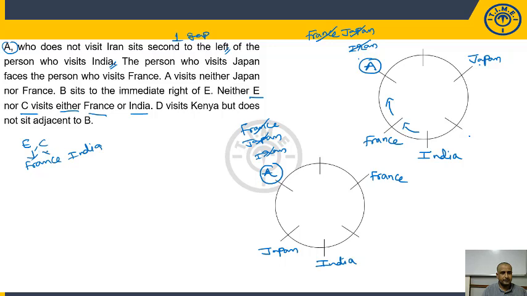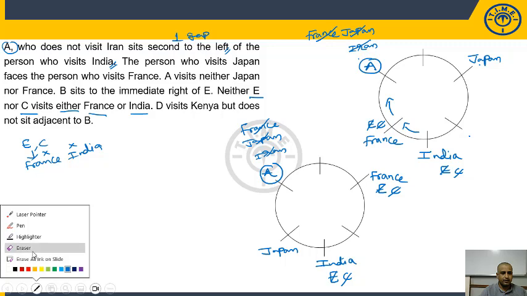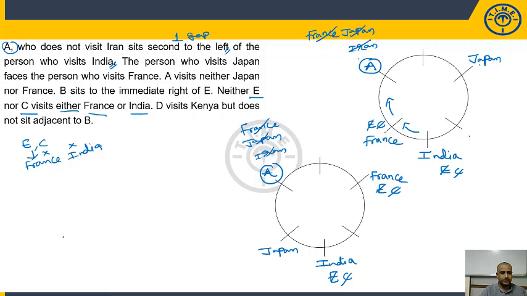So E and C cannot be written in the France position or in the India position. But earlier we have one statement: B sits to the immediate right of E.